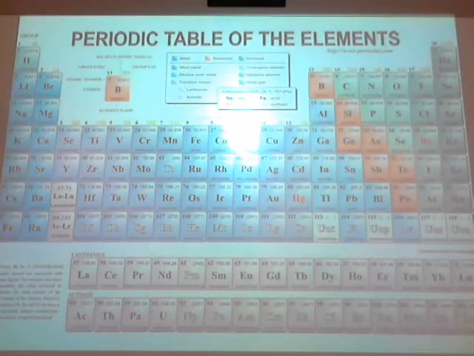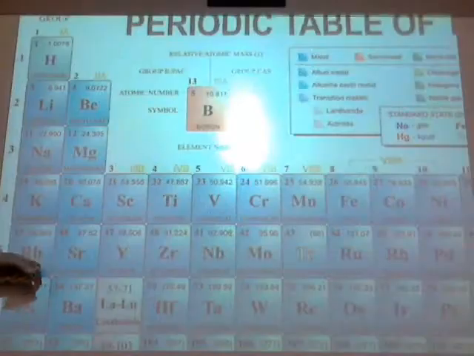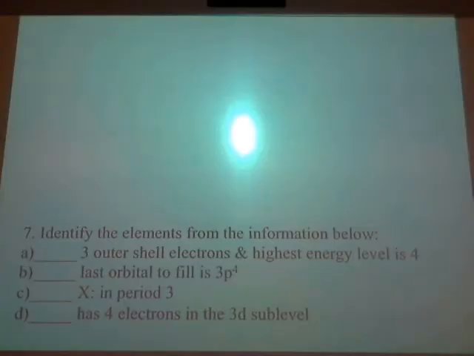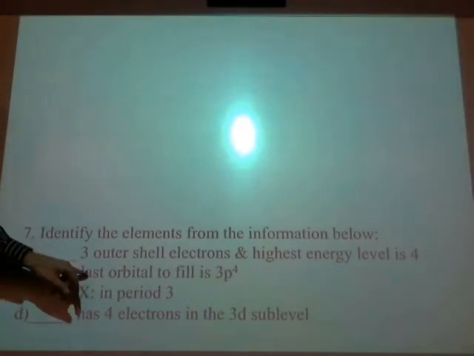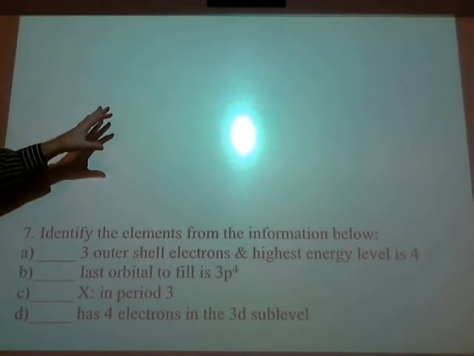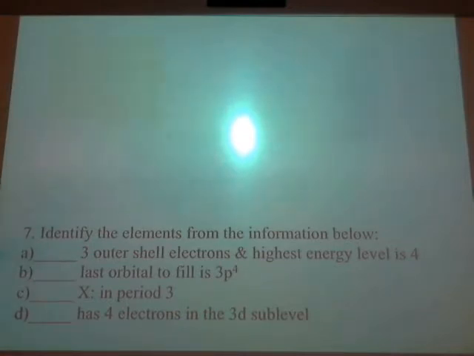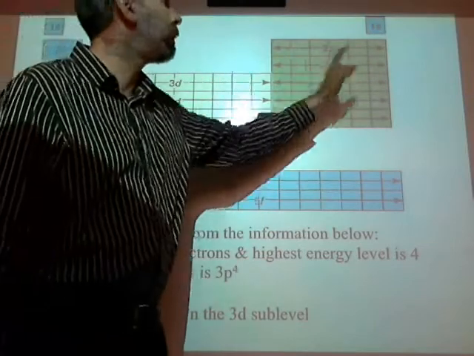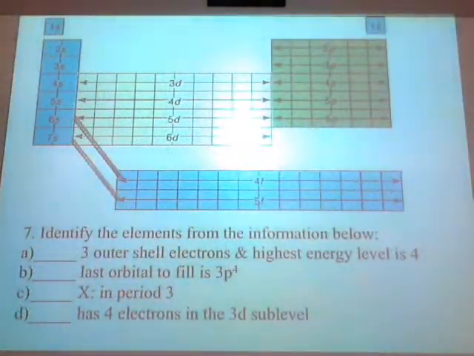Let's see some other ones that are thinking questions like this. Ready? By the way, if you're wondering how I do some of this: the last orbital filled is the 3p4, right? That's where you kind of have to use this, which I showed to you a couple days ago. This is the S block. This is the D block. This is the P block, and this is the F block. What does that all mean?